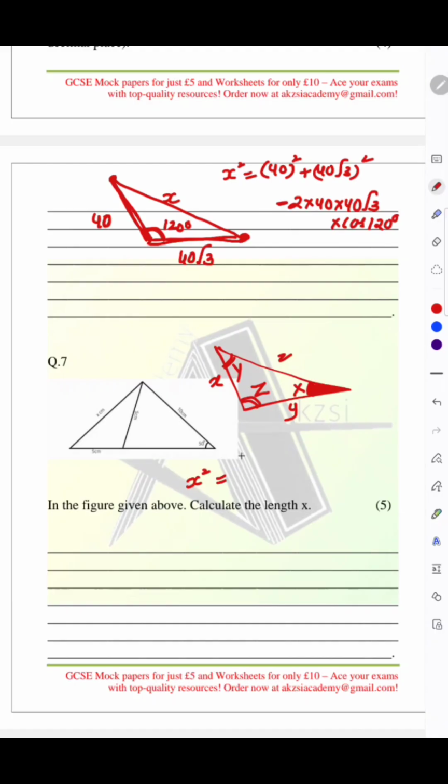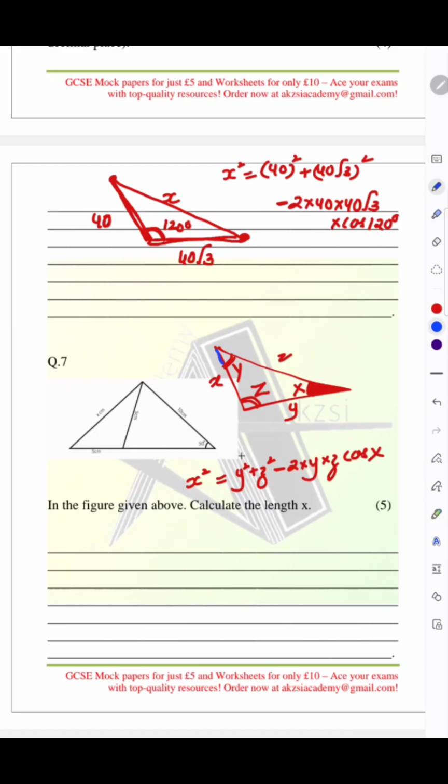So x squared is equal to the sum of squares of the other two sides, which is y squared plus z squared, minus 2 times the same two sides multiplied by cos of the angle which is given, that is cos of angle X.